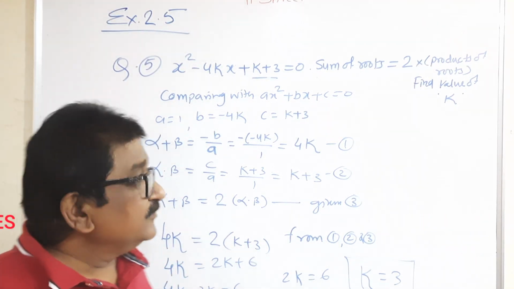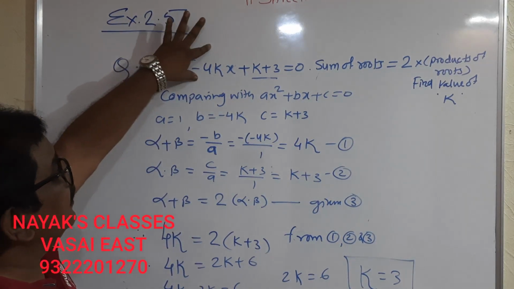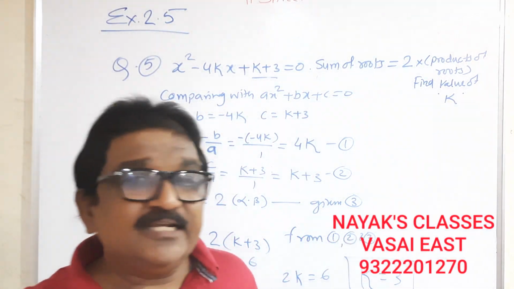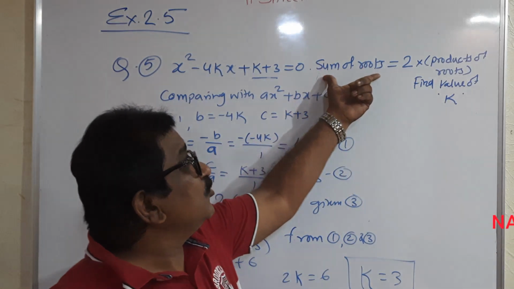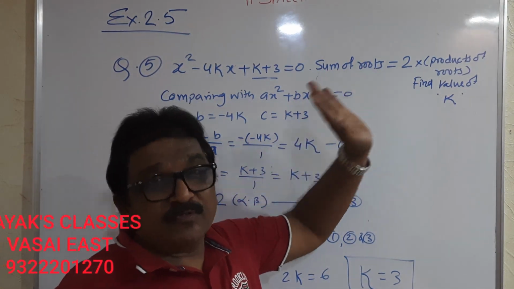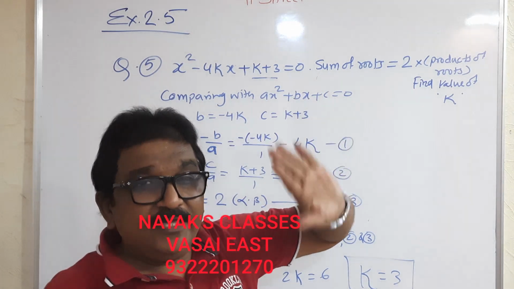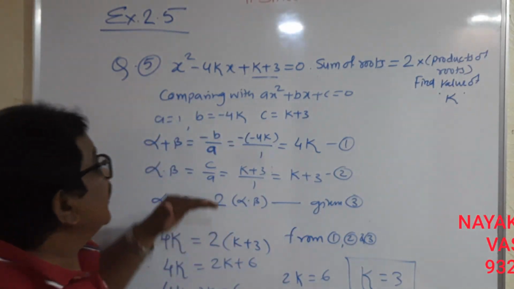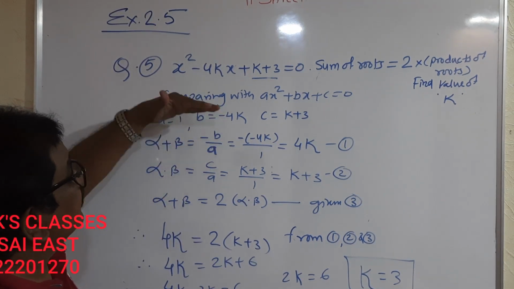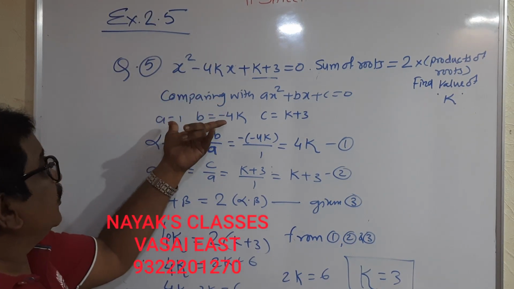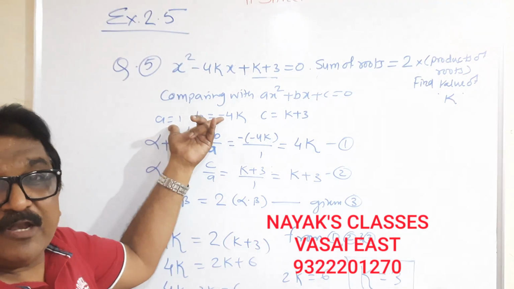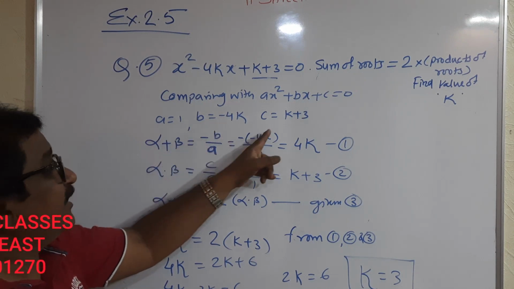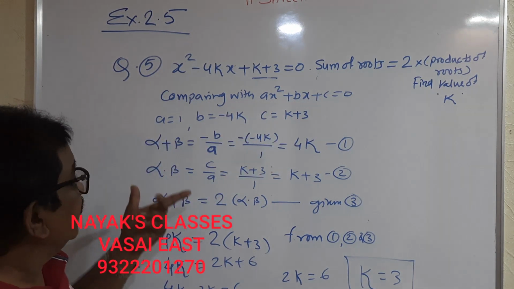Once again I am explaining. The equation was given and the condition was given. The condition is clear: the sum of the roots is double the product of roots. We compare the given equation with the standard equation and we get the values of a, b, c. A is 1, b is minus 4k, and c is k plus 3.